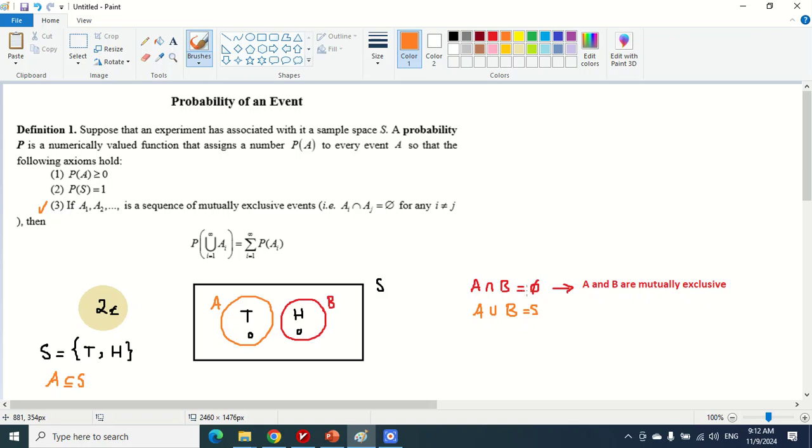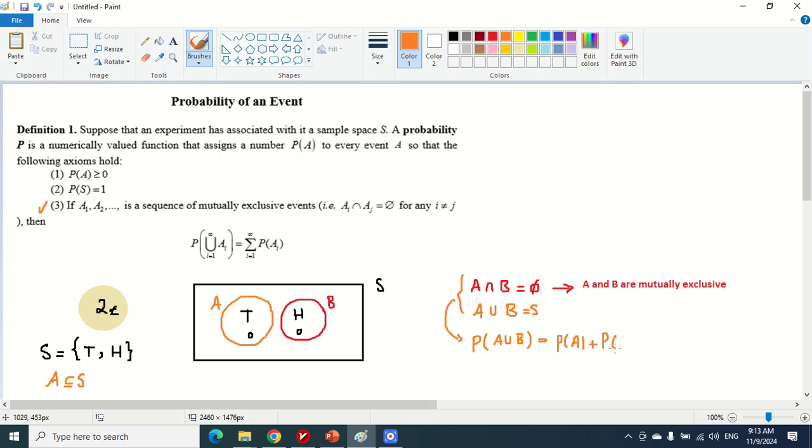So based on the third axiom that I talked about, I can say that the probability of their union, A union B, is equal to the summation of their probabilities, meaning that it's equal to the probability of A plus the probability of B.